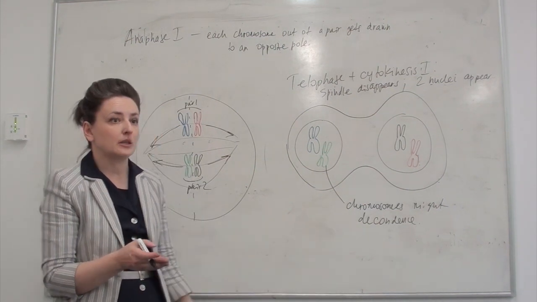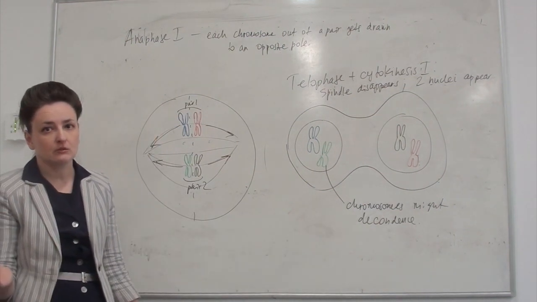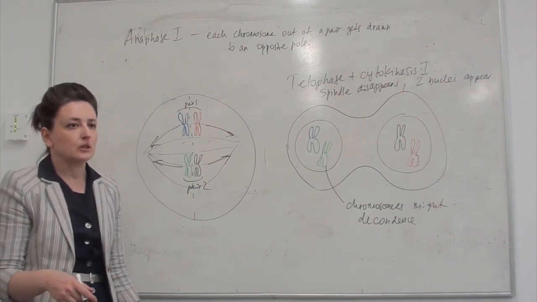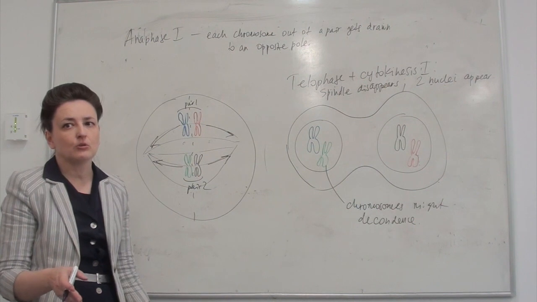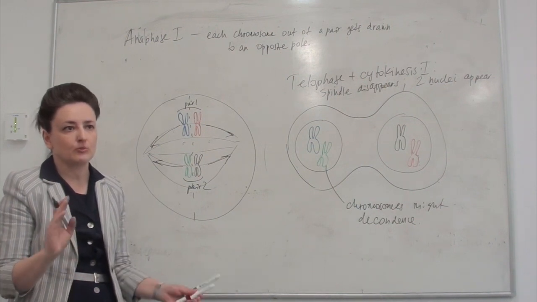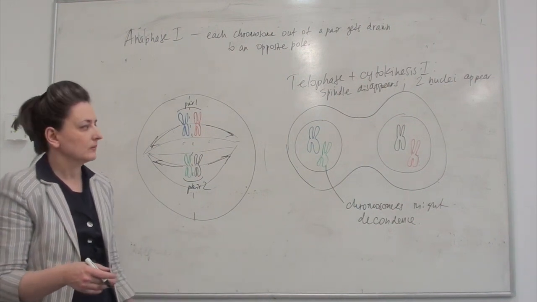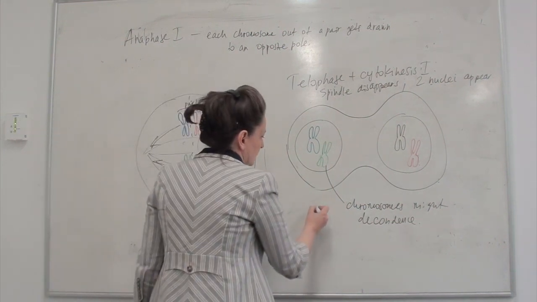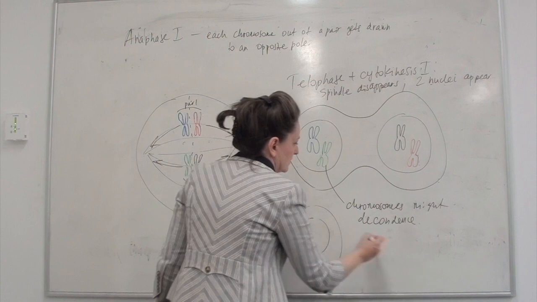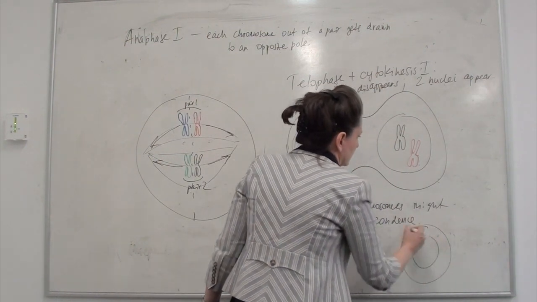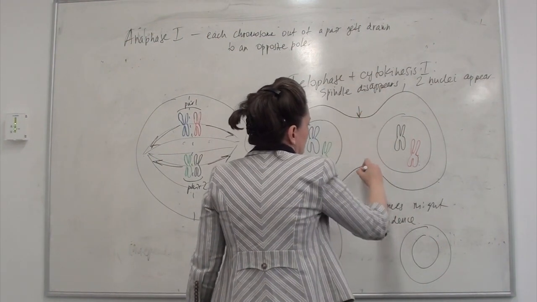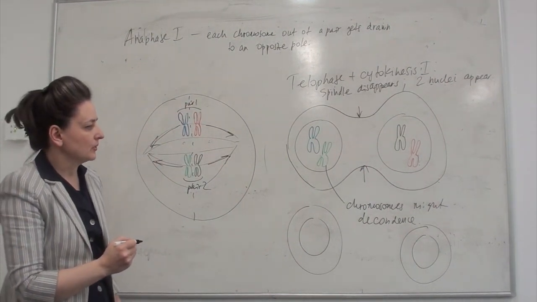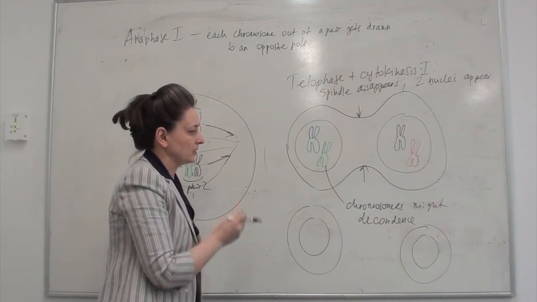No, because we still have the second division going on next. So in some cells you might have no decondensation happening and the chromosomes just stay there. At this point you're going to end up with two separate cells at the end of cytokinesis. That's going to keep getting pinched more and more, and then we end up with two cells.